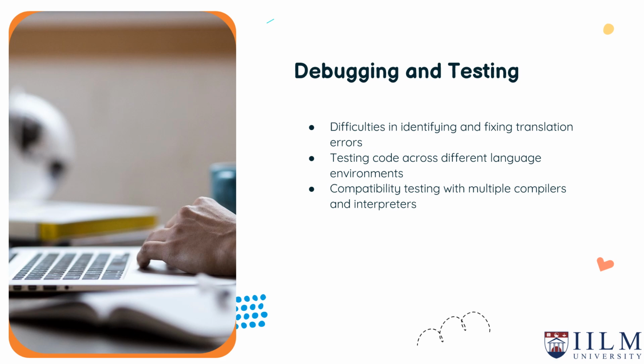After that debugging or testing, what we call compatibility testing, we are able to know how the particular translation is going to perform, what the optimizations are for this translation, and how this translation model can work.